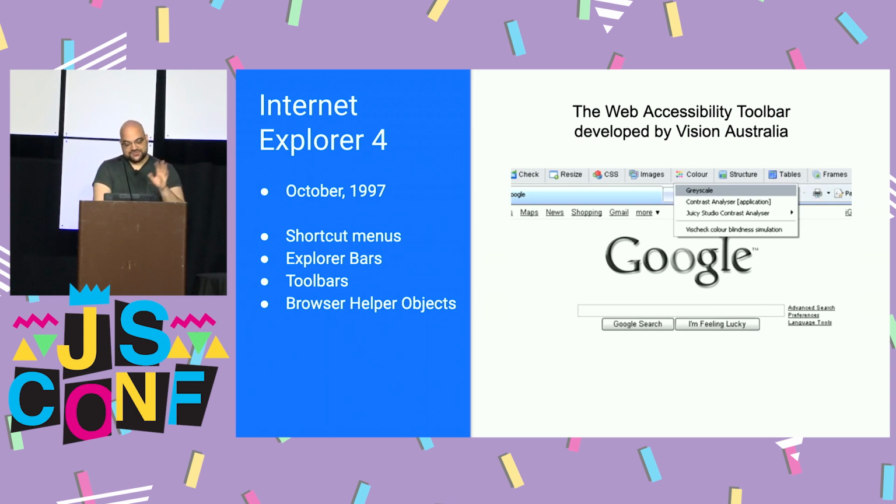Anyway, this one that we're looking at right now, the web accessibility toolbar produced by Vision Australia, it would let you do things like preview a grayscale mode or see what your web experience would be like for colorblind users, or expose in a visual way the accessibility tree. It was actually a pretty cool extension that helped a lot of developers.